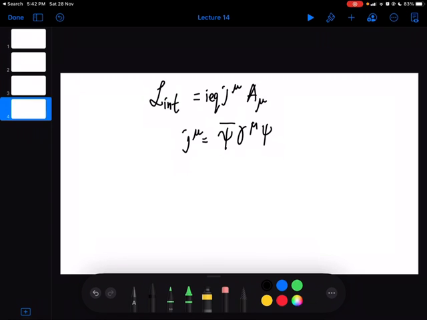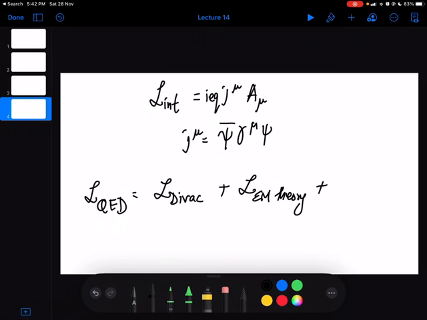So now what we need to do, how do we go further with this? How do we compute, say for example, any simple process? So what we have here is L QED is equal to L Dirac plus L EM theory plus L interaction.